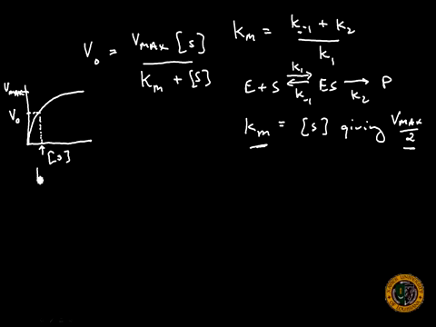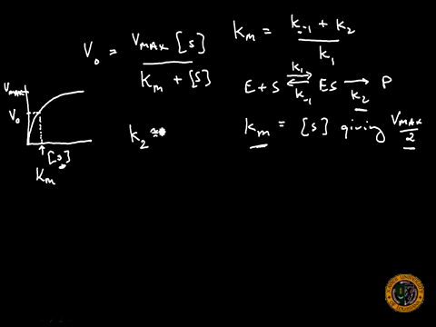Okay, and that's the substrate concentration that gives you the half maximum velocity. Important. K2 determines the efficiency, or how well that enzyme converts substrate to product.